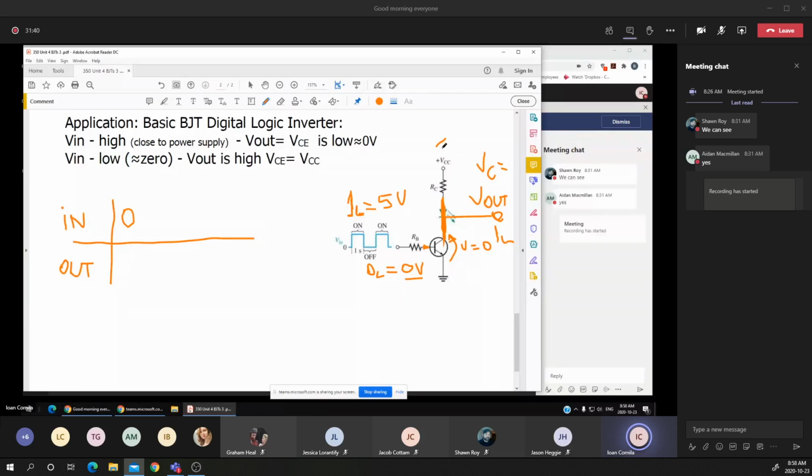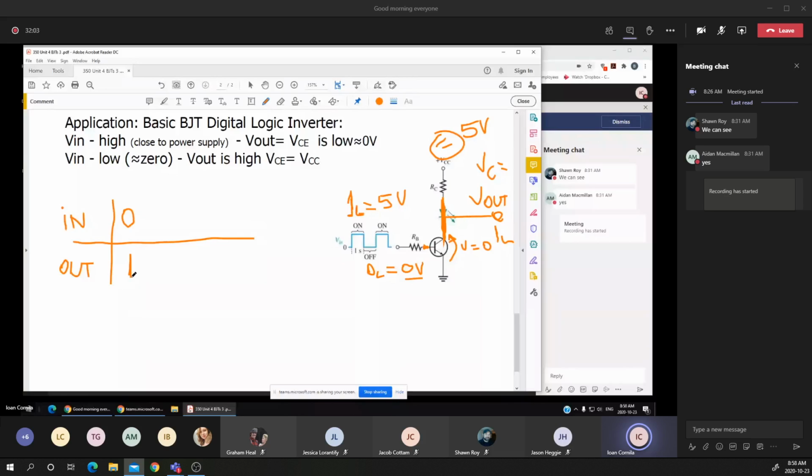I'm making the assumption that the VC is equally 5 volts. I mentioned that is one logic, which means that if I'm applying 0 on the input, I'm getting 1 on the output. Remember that it will act as an inverter.